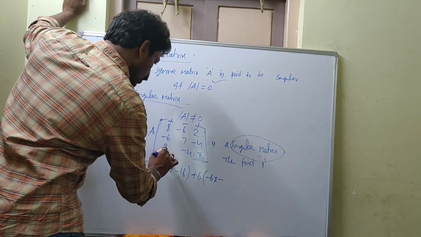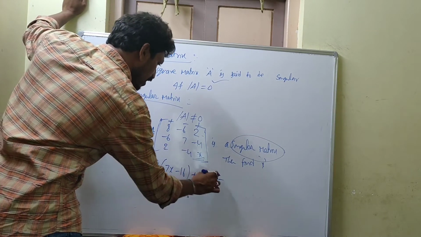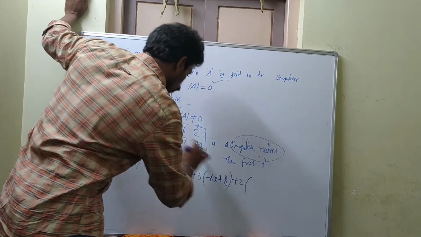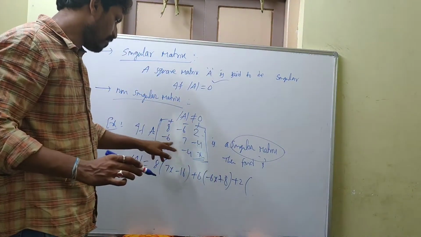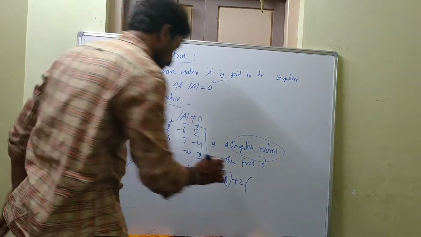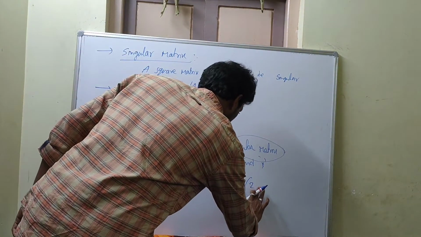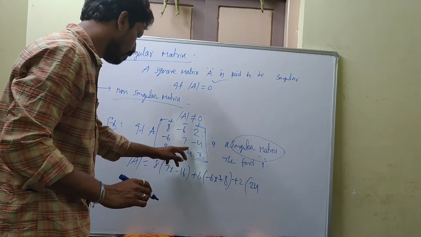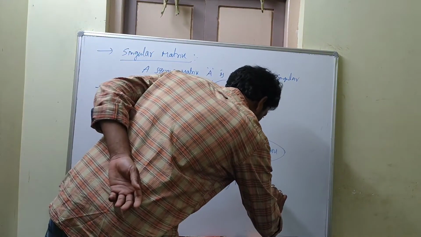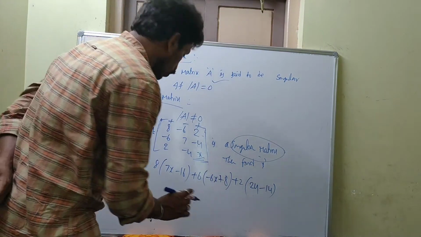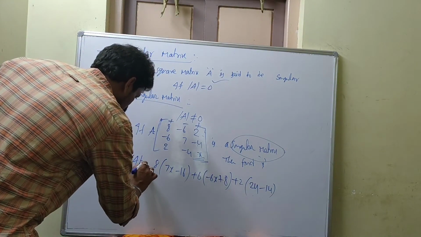Next minus 2 into minus 4 minus 8. Minus into minus plus 8. Next plus 2 into, use the column passing through 2, minus 6 into minus 4, 6 4s are 24, minus 2 7s are 14. So this value is equal to what here? 0. So here det A is equal to 0.